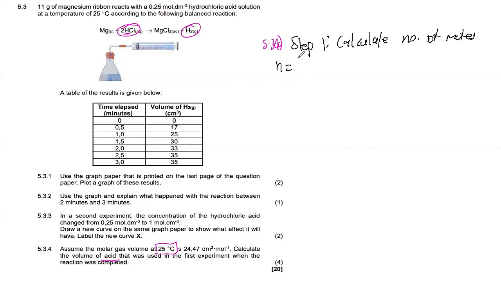By saying n is equal to V over Vm, because this gas here is produced at STP and we are already given the molar gas volume. So this is n is equal to, but our volume, which one are we going to use? We are obviously going to use the volume of the hydrogen gas when the reaction has come to completion. So the maximum gas that is produced when the reaction has come to completion is 35 centimeter cube.